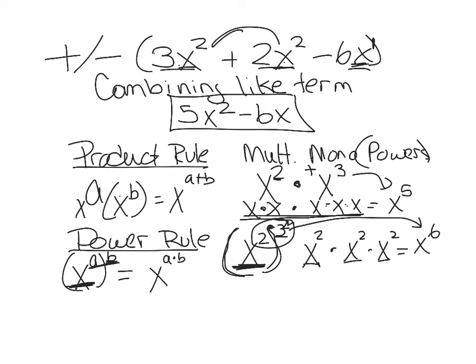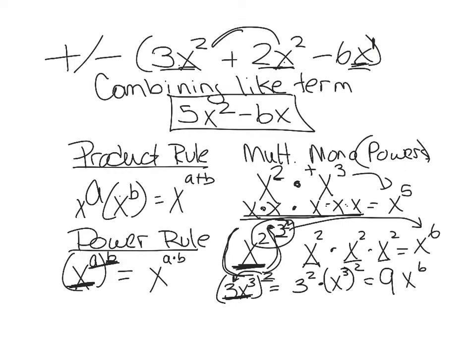So if I have 3x cubed, all squared, I'm squaring everything inside. This means 3 squared times x cubed squared. So 3 squared is 9, and then x cubed squared would be x to the 6th. So you have to square the whole number 3 just as normal.